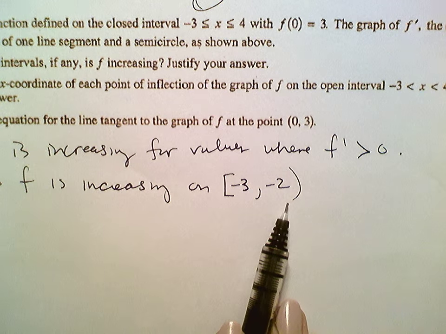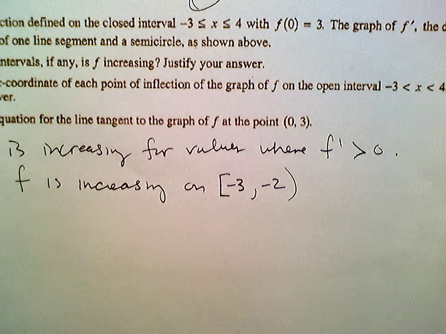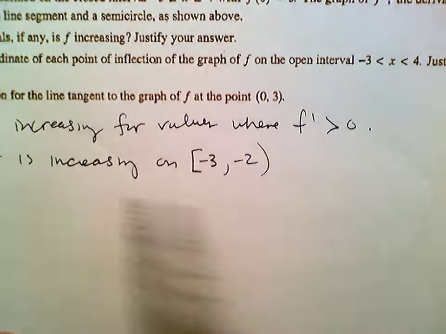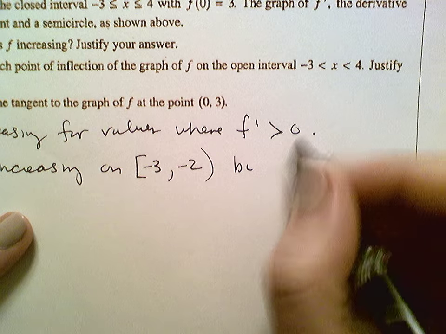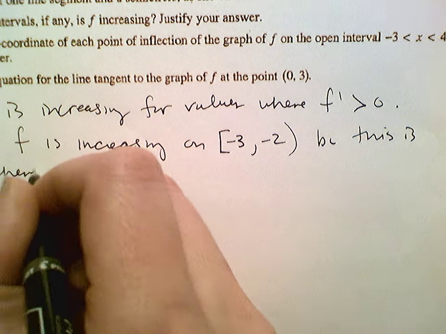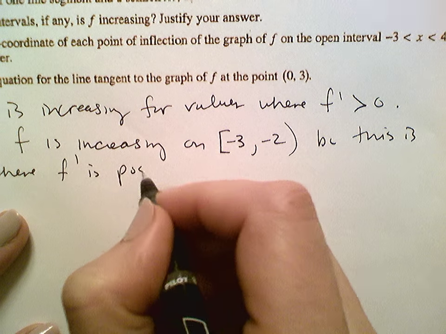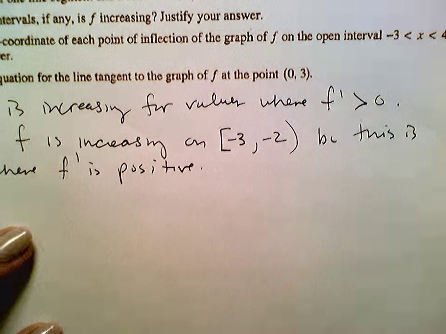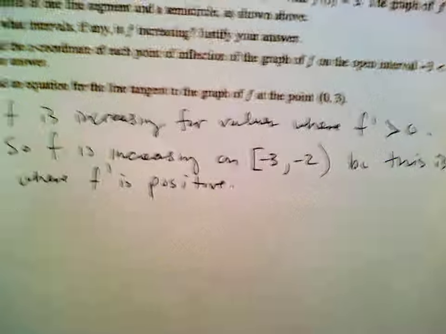It makes more sense to me not to include it because 0 is not a positive number. So anyway, I'm not going to include it. All right, so f is increasing on this interval because this is where f prime is positive. And you could probably get away with fewer words. I'm just being super thorough.